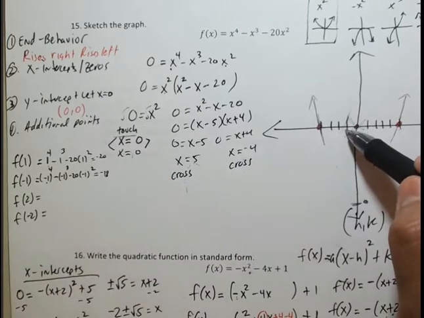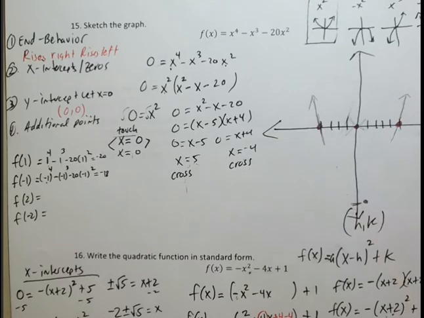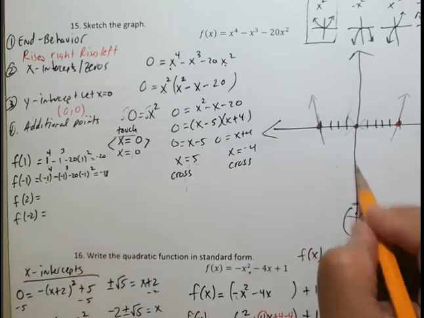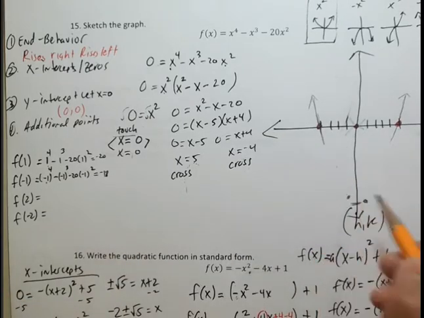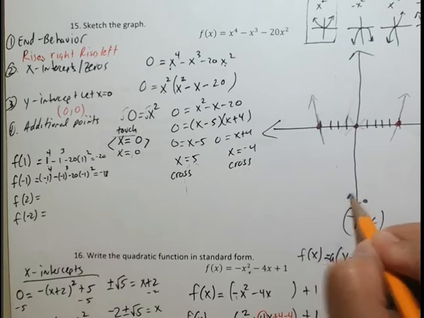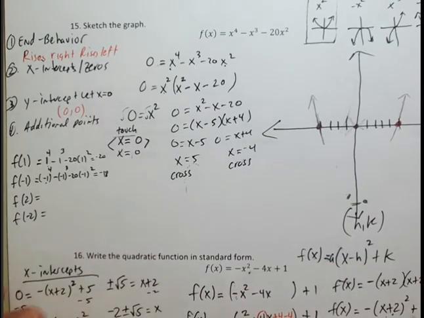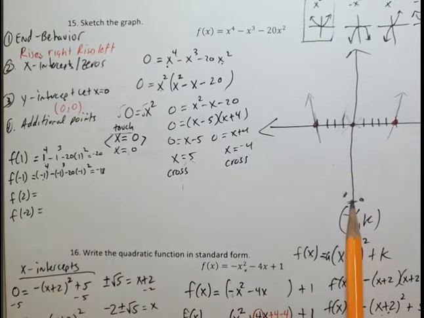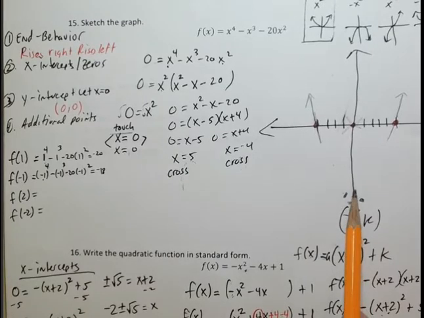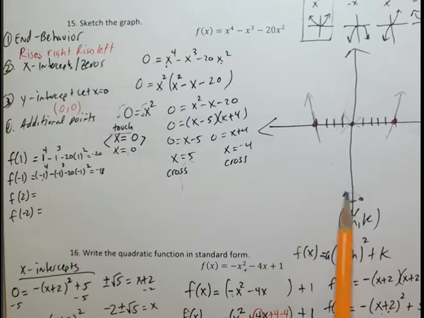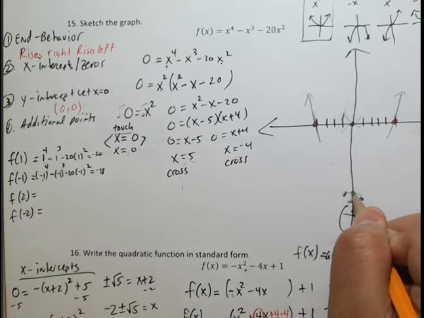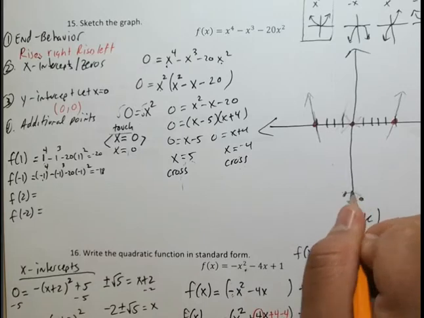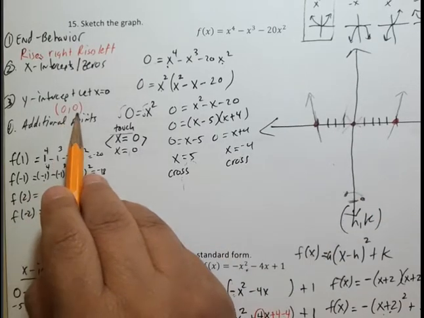So f of -1 is -18, somewhere a little bit higher, maybe right there. Now, will our graph cross this y-axis here? What do you think? Can I connect these points? I can't, right? Because that would mean this is a y-intercept, but our y-intercept was (0, 0).